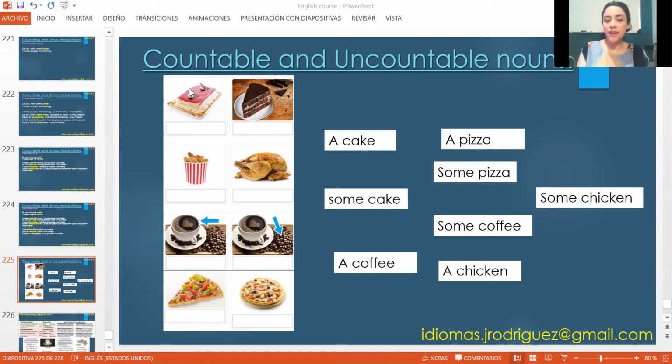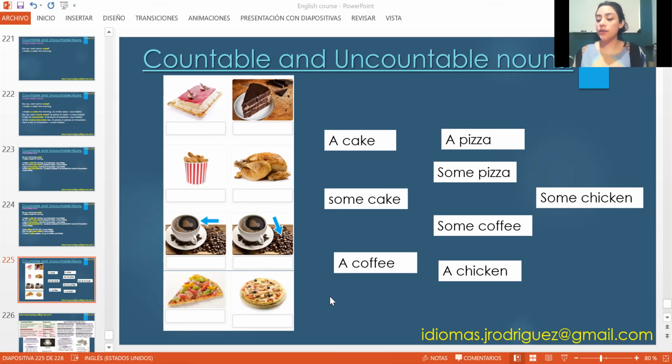Here, this is a cake or this is some cake. A chicken or some chicken. A coffee or some coffee. A pizza or some pizza.